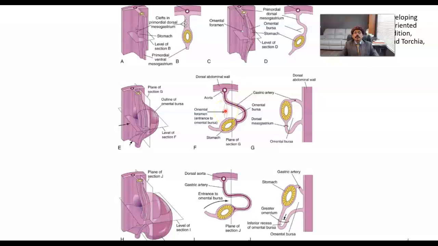This is the dorsal mesogastrium. It will be thinned out, and we'll get the primordial dorsal mesogastrium, and there will be the beginning of formation of the omental bursa. In the dorsal mesogastrium, we'll eventually find the development of the spleen.